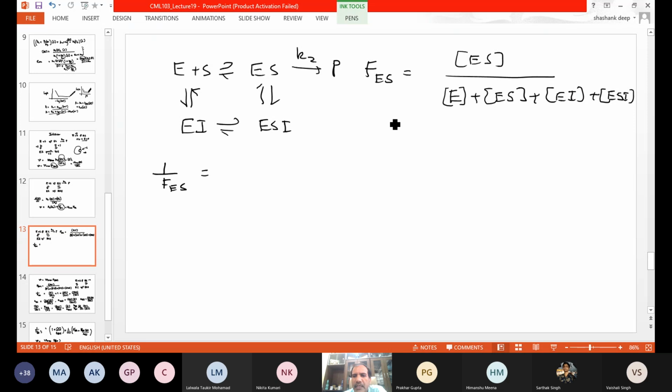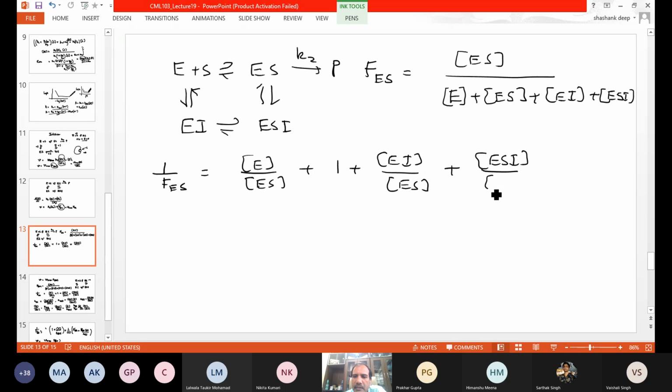It is basically E by ES plus 1 plus EI by ES plus ESI by ES. Here also product concentration is assumed to be low. In every case, we are assuming the same thing. So this is 1 by FES.